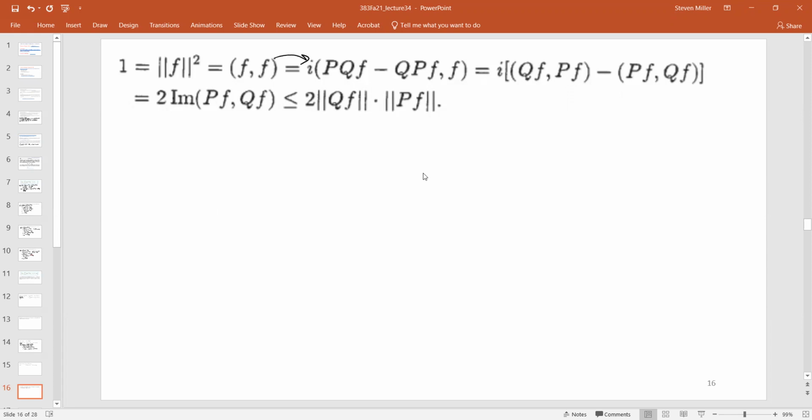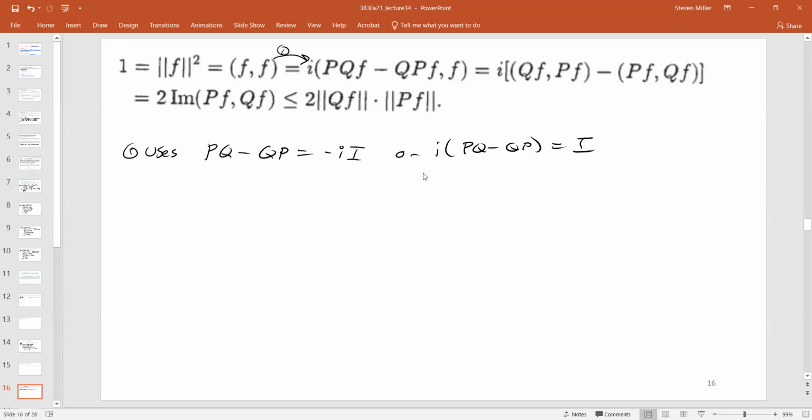Here, we'll call this step 1. Step 1 uses the fact that PQ minus QP equals minus i, or if I multiply both sides by i, I get i times PQ minus QP equals the identity. And this is an extremely common trick: you find ways of writing the identity. We're essentially multiplying by 1.